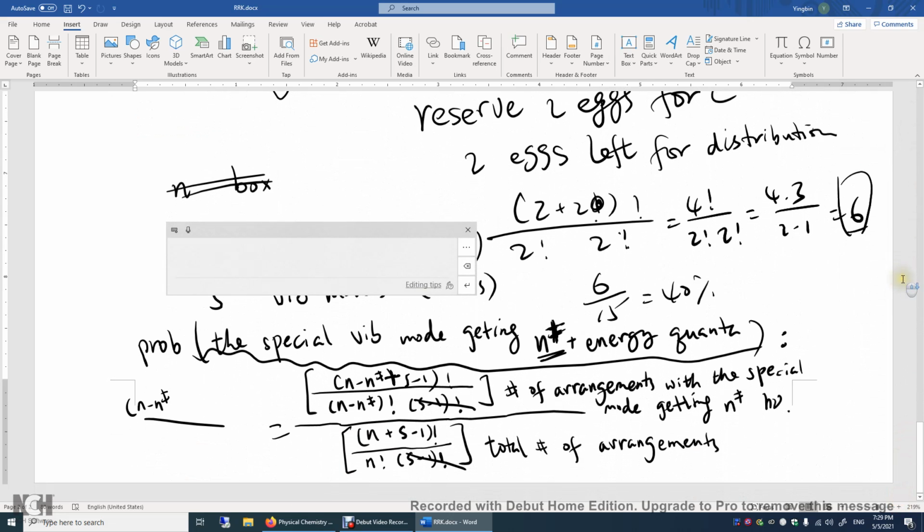So I'm just going to simplify the expression. This stays on top, and this n factorial flips on top as well. And on the bottom, we have n minus n double dagger factorial. We have this n plus s minus 1 factorial. So I'm going to just copy those.